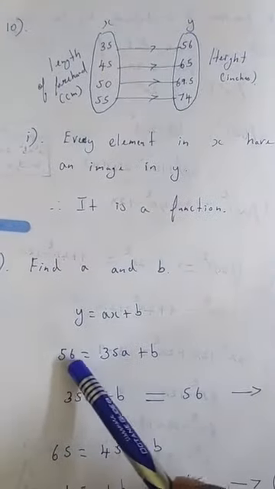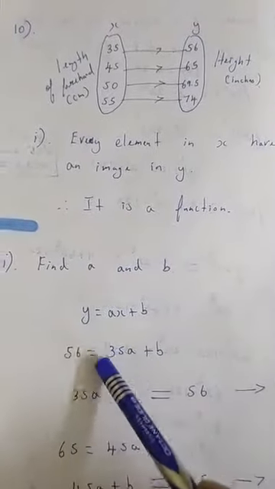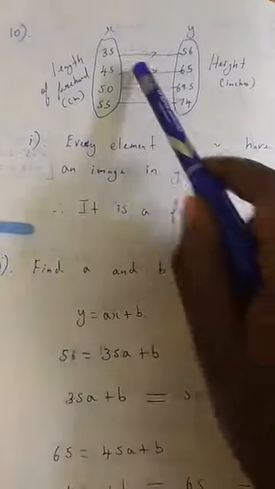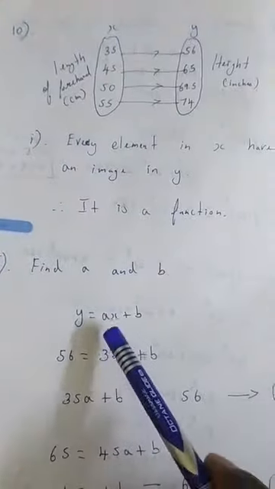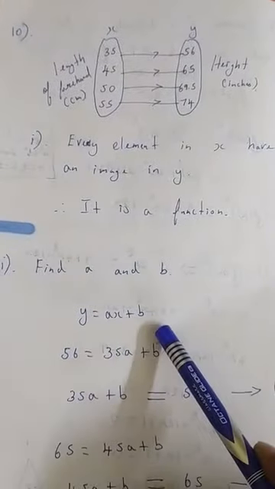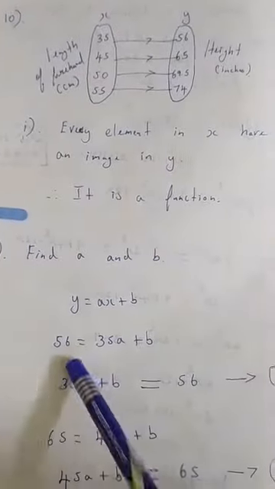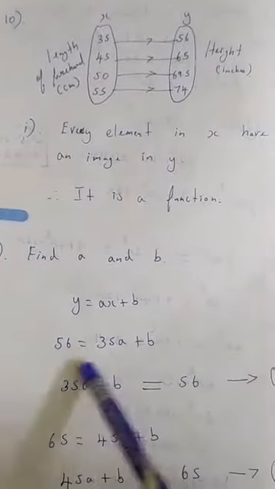So substitute 56 in the place of y, is equal to, we don't know a, so a as it is. x, what is x? 35. So 35a plus b we don't know. So if we rearrange, it is 35a plus b is equal to 56. So let's consider it as first equation.